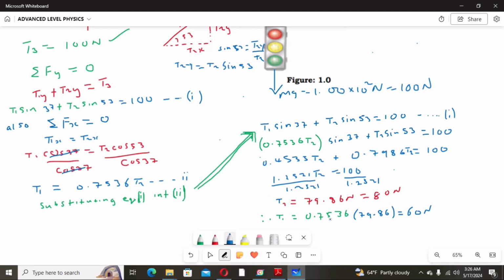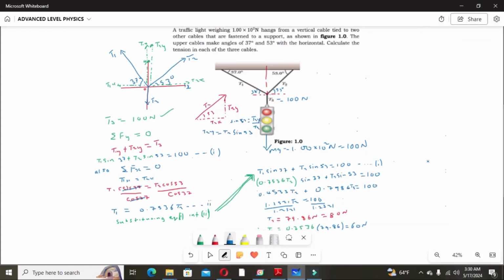If we do that, we have 0.7536 here, and where there is T2 we've substituted the value for T2. If we compute this, we are getting 60. So the tensions in the 3 cables are T1 equal to 60 newtons, T2 equal to 80 newtons, and T3 equal to 100 newtons.